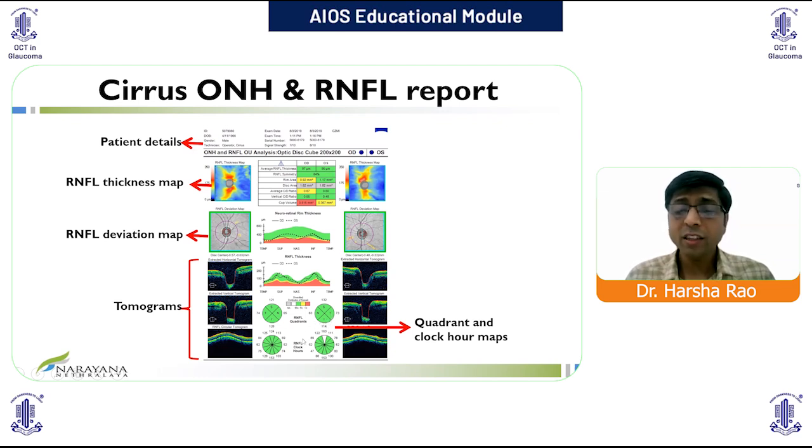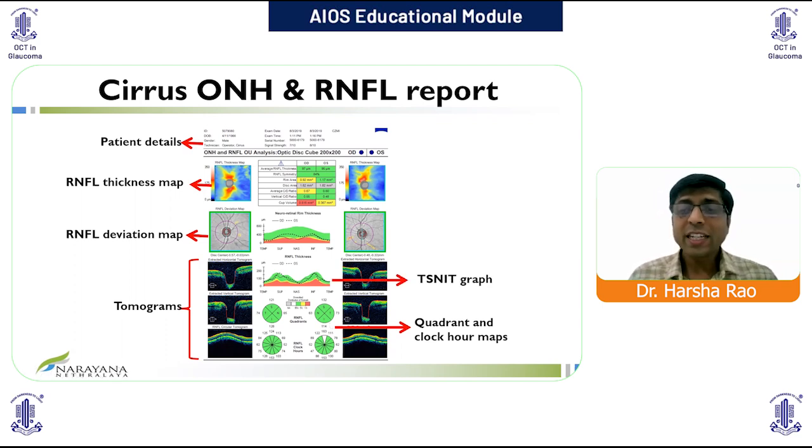And the RNFL thickness in smaller regions is represented using the clock hours. So the RNFL thickness is also given in clock hours, primarily not to miss any small region of RNFL thinning, which is called focal regions of RNFL thinning, which can be missed when they are averaged over larger regions.